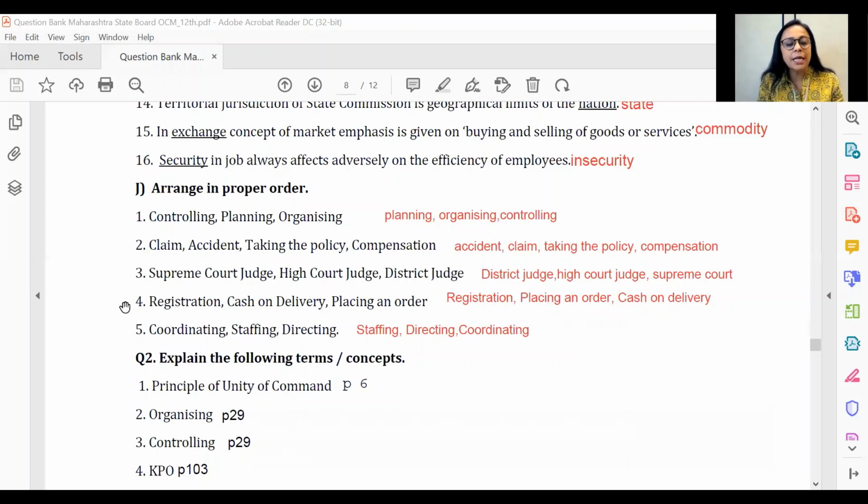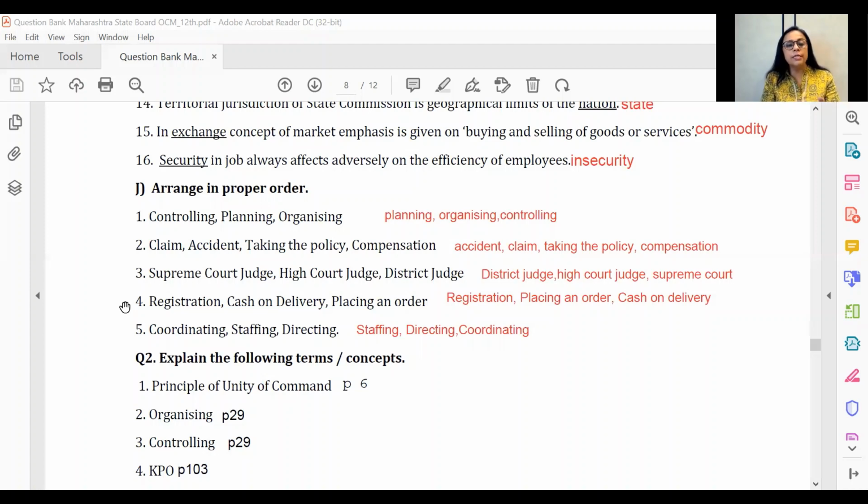We go to the last type of objective. The board in the question bank has been really generous, and they've given us all 10 types of objectives for revision here. A note that I would like you to draw your attention to. Remember that many of these objectives, like match the pairs, have been asked from the textbook questions itself.